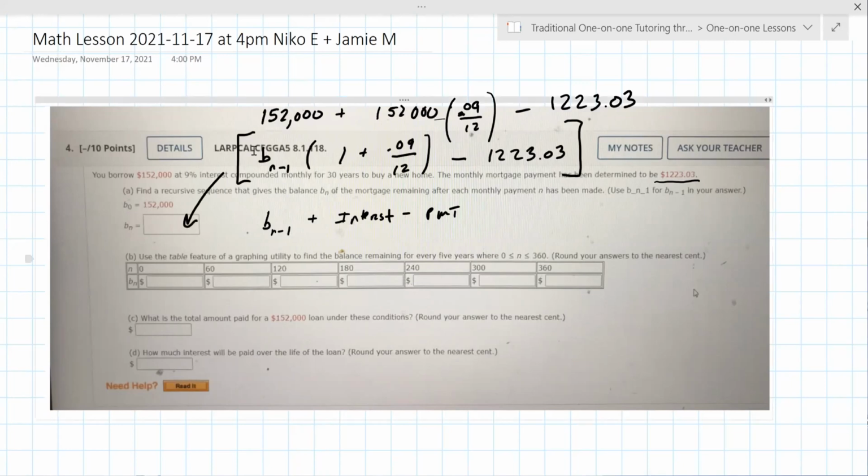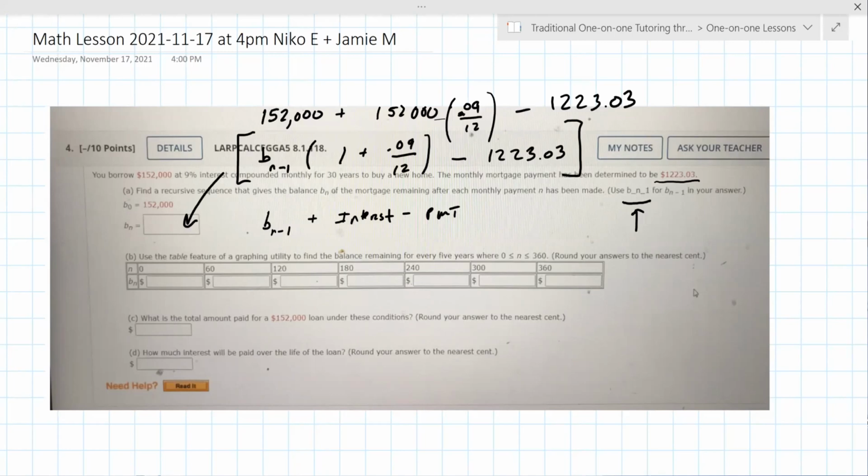Got it. And when I'm entering the Bn minus 1, it wants you to do B underscore N underscore 1. I'm really hoping this is what it wants, because the next part should be very straightforward after that. I actually can't type in the underscore for some reason.